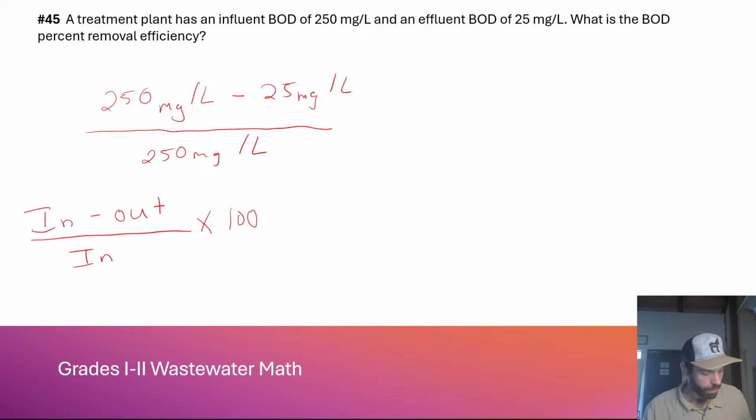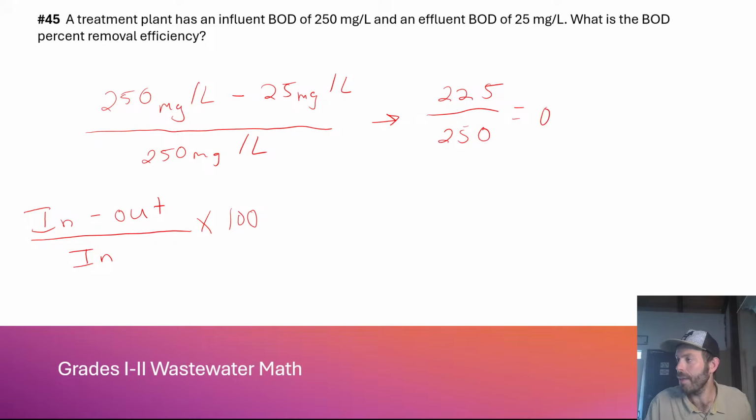So 250 minus 25 should be 225, divided by 250, and that should give you 0.9, times 100 is 90%. So 0.9 times 100 gives you 90%.